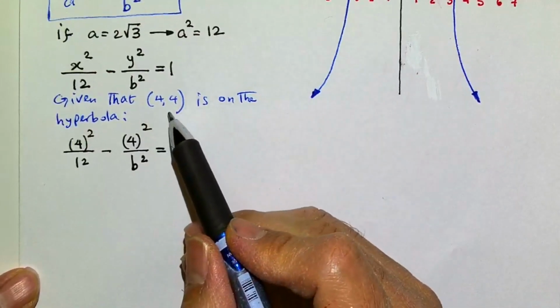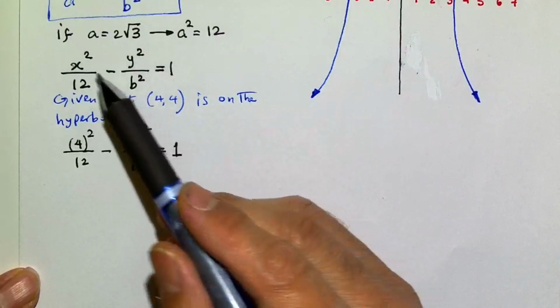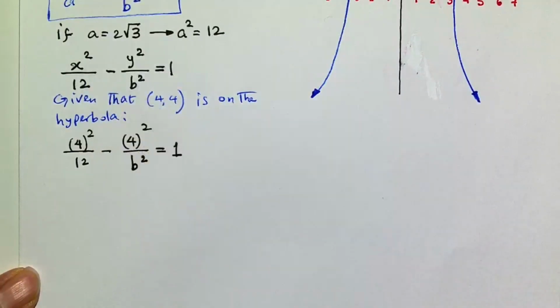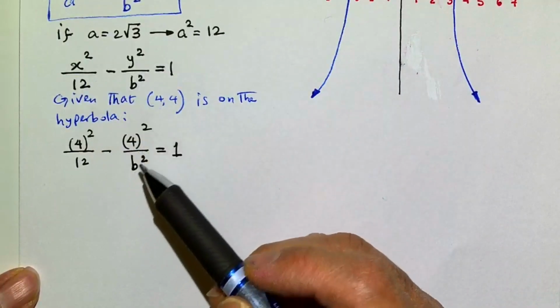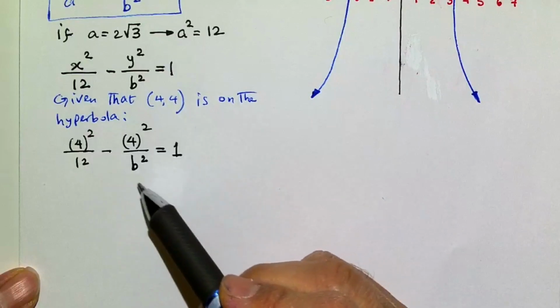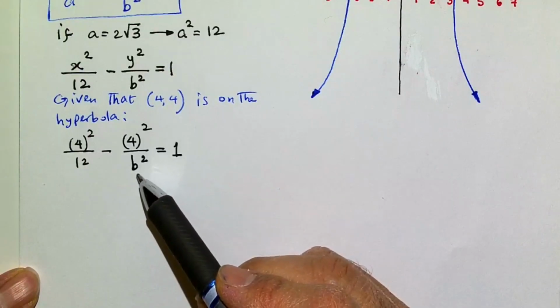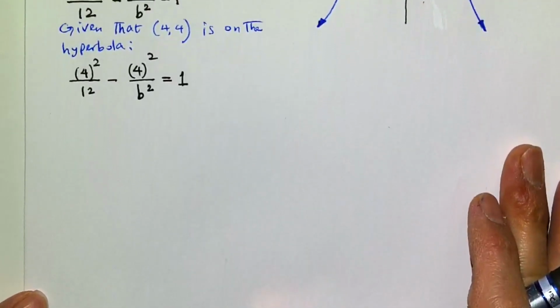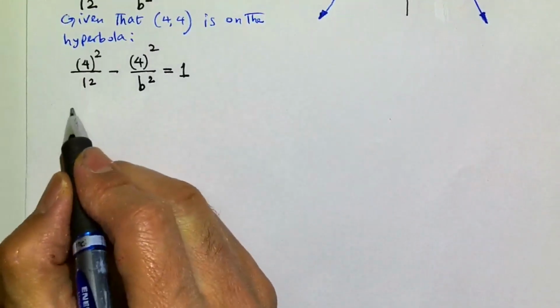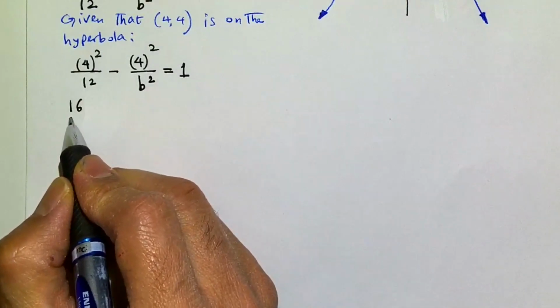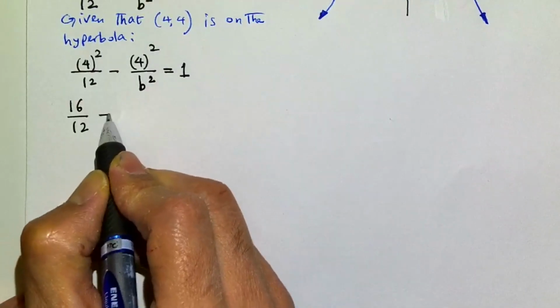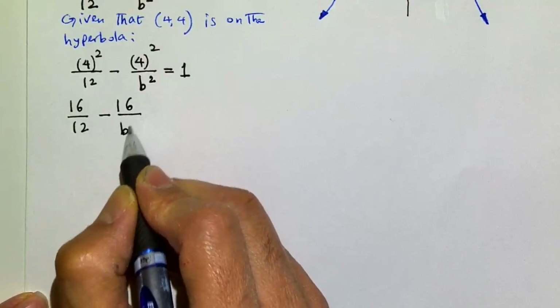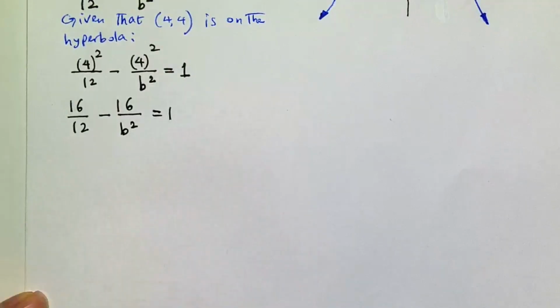The point 4 comma 4 is on the hyperbola, so we can easily substitute for x and y with those coordinates. And when we do, look at this equation. The only missing piece is b squared, so we can easily solve for it, right? Let's do that. So on the left, we have 16 over 12 minus 16 over b squared equals 1.